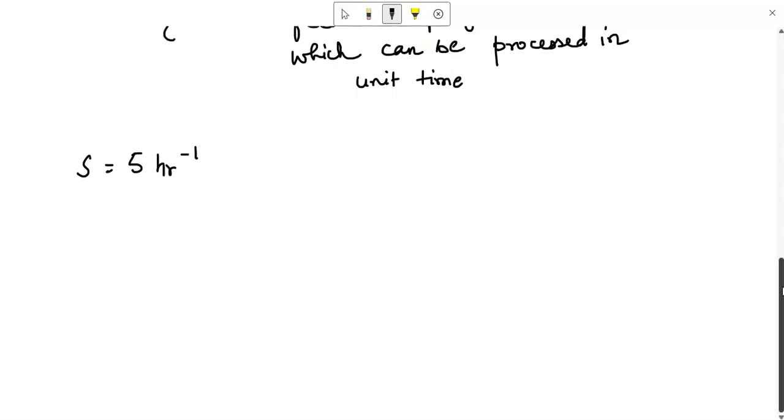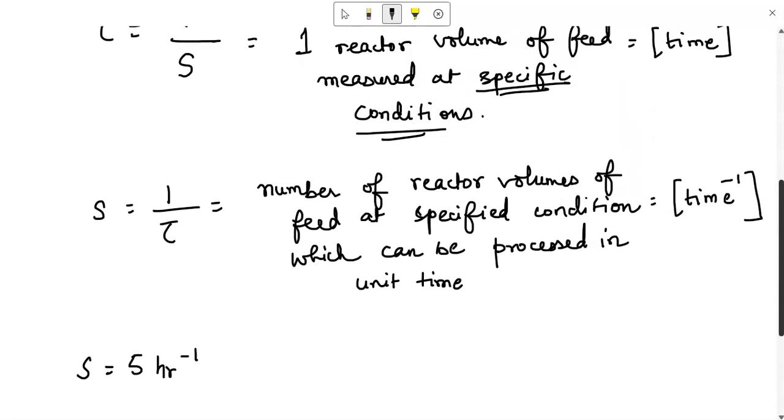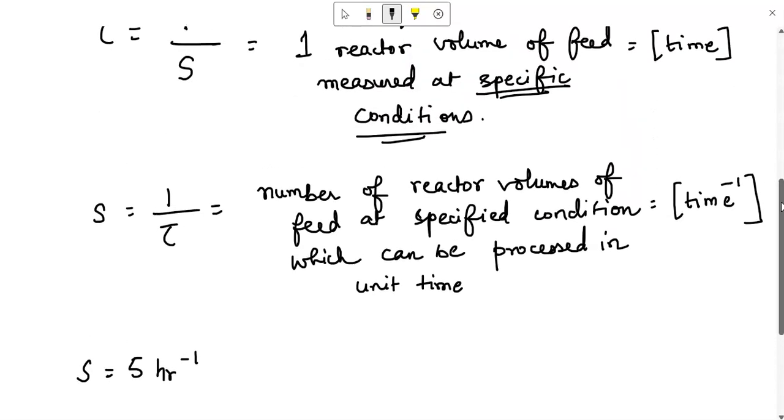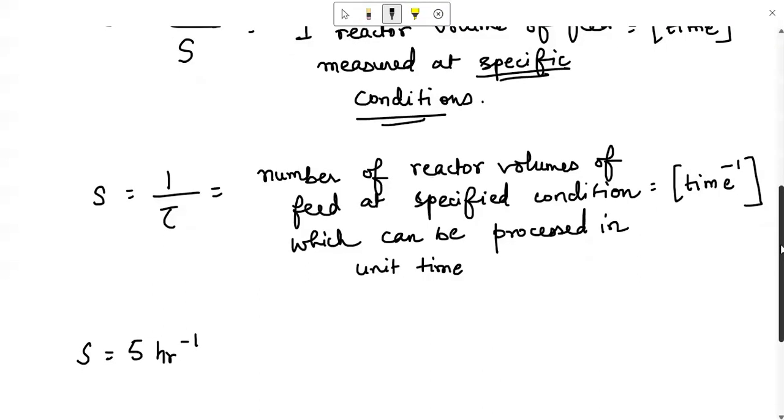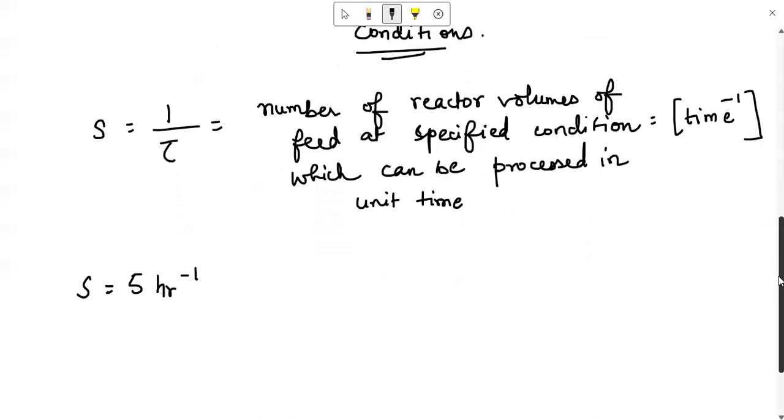Seeing the definition of space velocity and space time, as I have discussed so far, you can pause the video now and test yourself on what it is. Write it down on paper and then you can start watching again. Okay, in case you have paused the video and decided what 5 per hour of space velocity means, let's now see what it actually means.